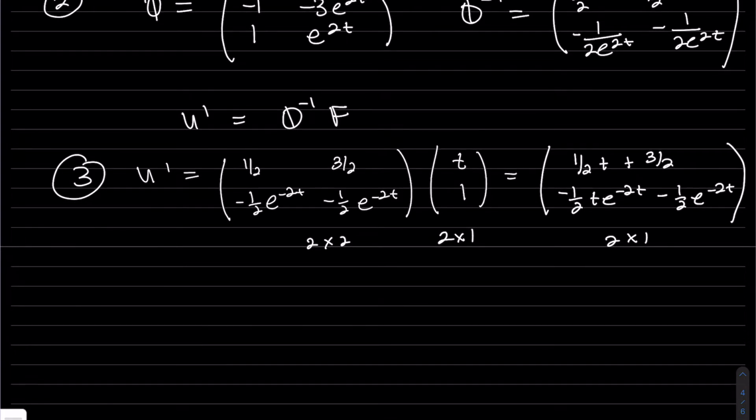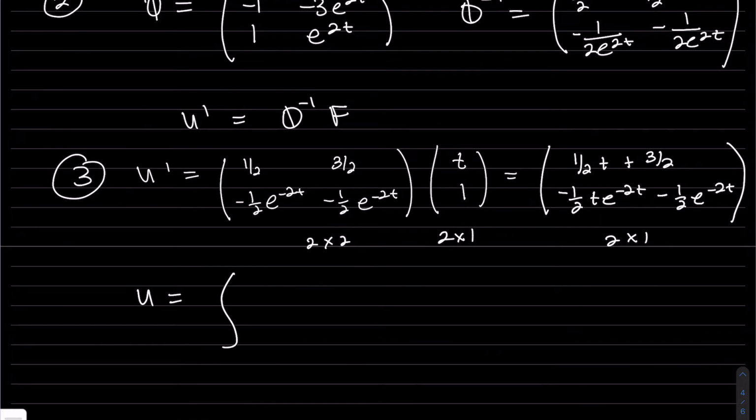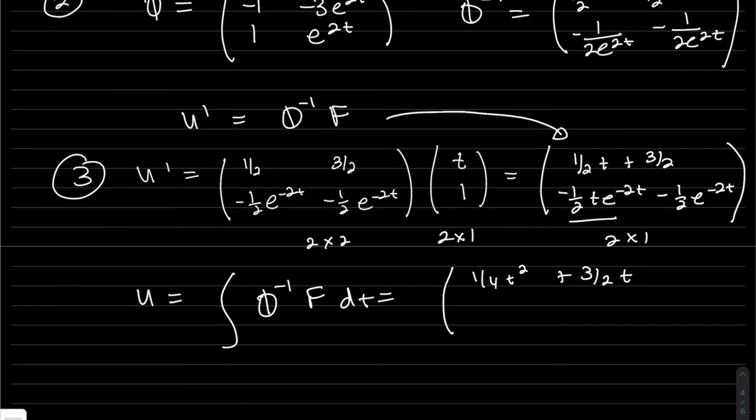So U, the integral. Again, this is my phi inverse F. And we can just integrate that. And we do have to integrate by parts here.